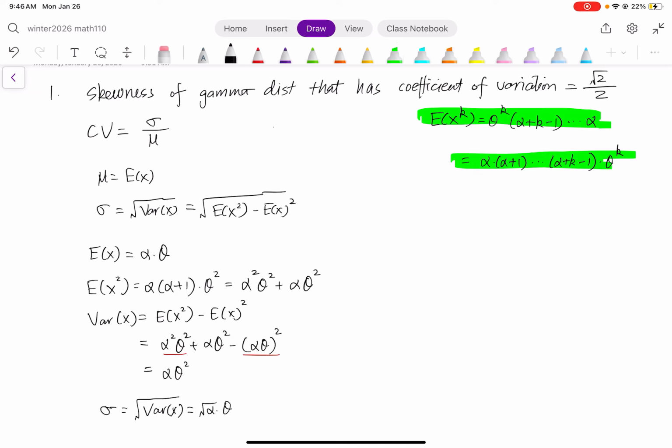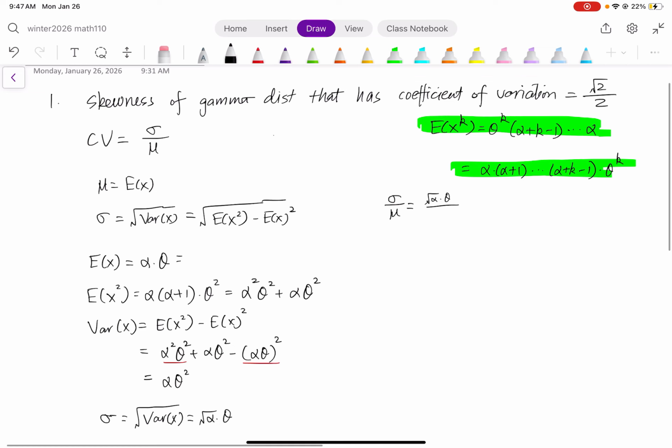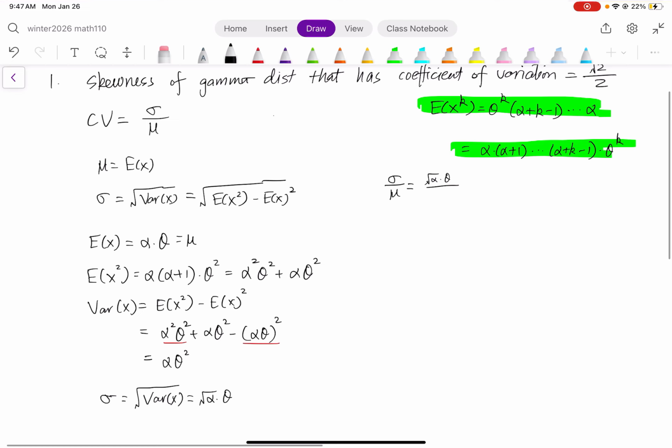Because we're given the coefficient of variation, the standard deviation over mu is equal to the square root of alpha times theta over mu, which is alpha times theta. Let me give you some numbers. This is your mu, and this is your standard deviation.